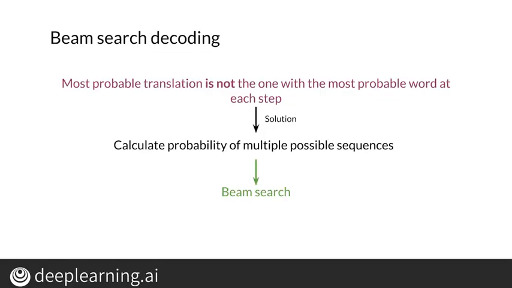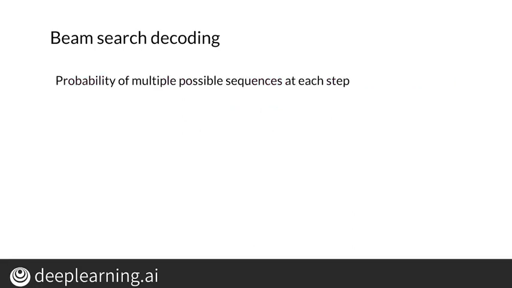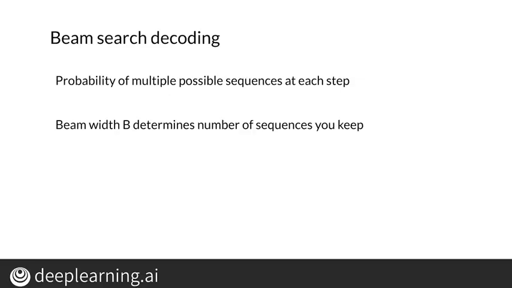This method attempts to find the most likely output sentence by choosing some number of best sequences based on conditional probabilities at each time step. Now, at each time step with beam search, you have to calculate the probability of potential sequences given the output of the previous time step. To avoid computing the probability for every possible sequence, you have a parameter b, called the beam width.